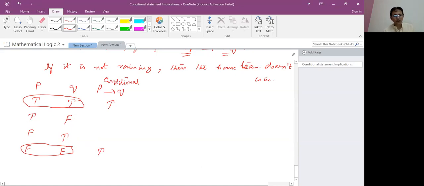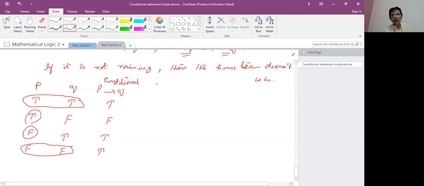If P is true and Q is false, it is false. And if P is false and Q is true, it is true. This is the conditional statement.